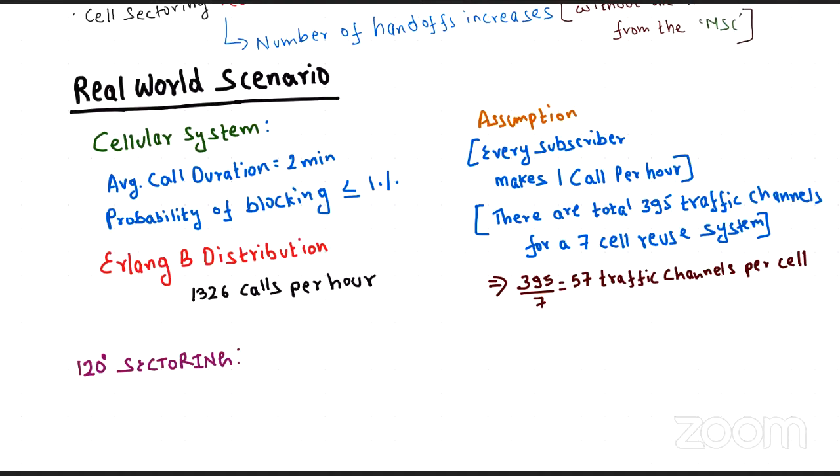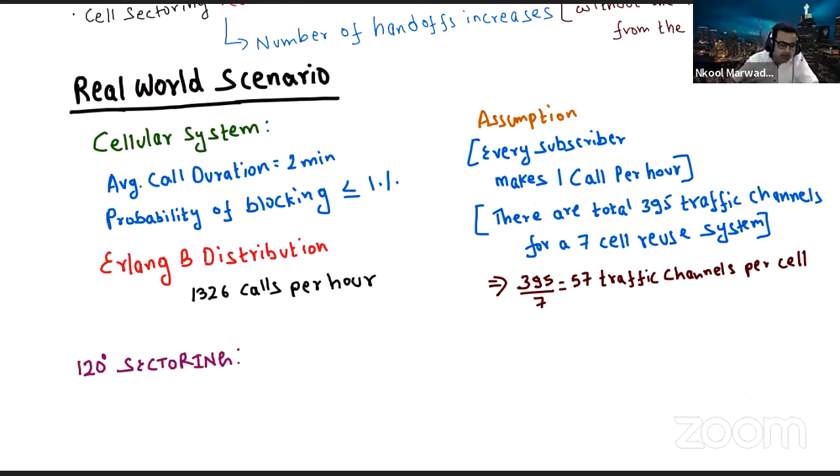So the traffic channels per sector will decrease. 57 by 3 is equal to 19. 19 channels per sector. It means that every antenna, every base station present in the sector, will have only 19 channels per antenna sector.